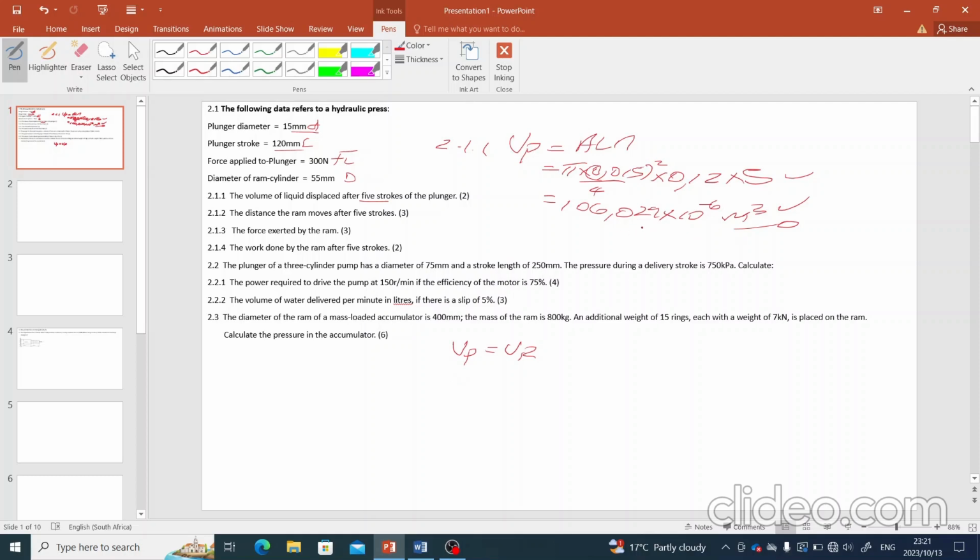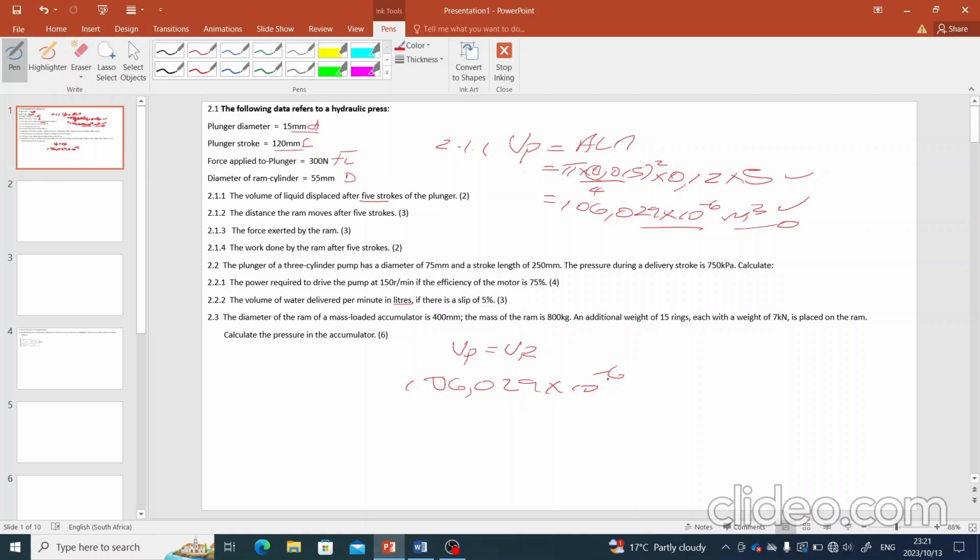We've already calculated the VP. It is 106,029 times 10 to the power negative 6.